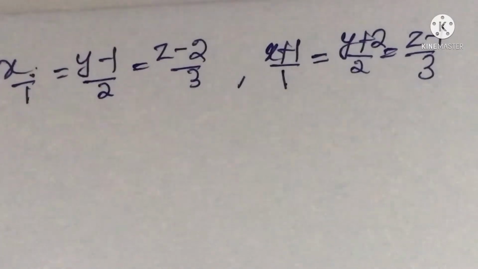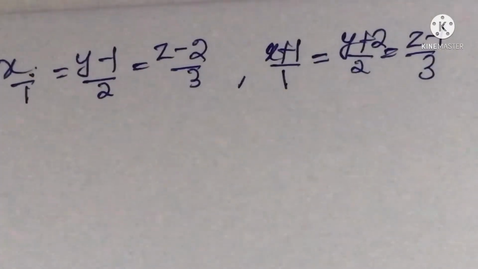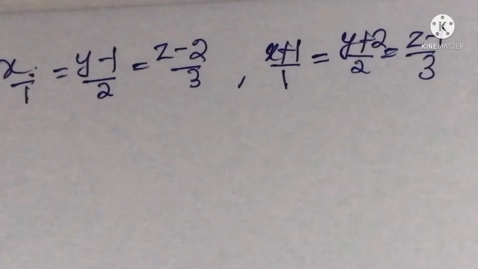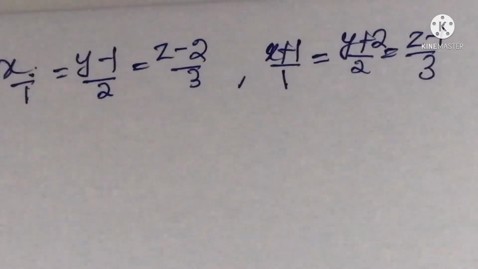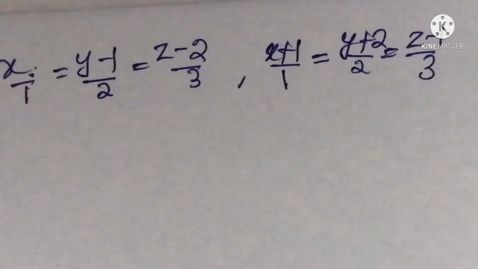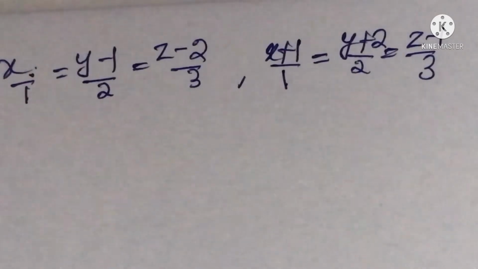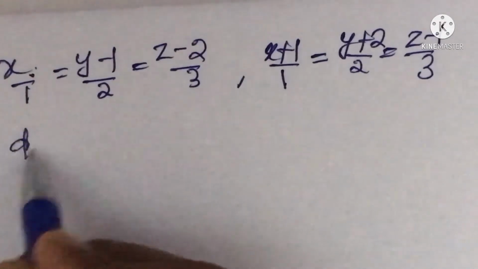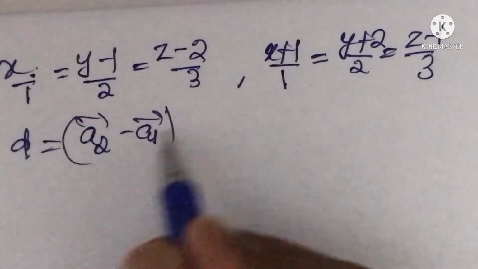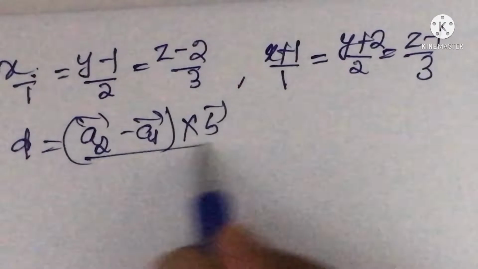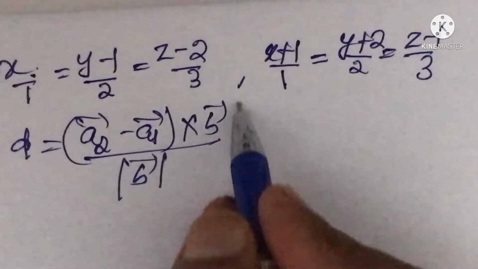Here direction ratios of the first line are 1, 2, 3 and of the second line are 1, 2, 3. It means lines are parallel. We have to use the formula of shortest distance between two parallel lines. The formula is a2 vector minus a1 vector cross b vector divided by magnitude of b vector.